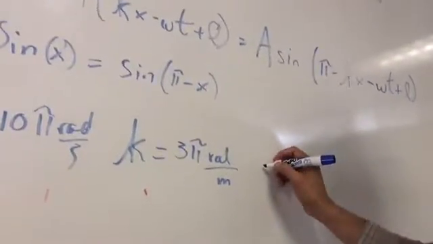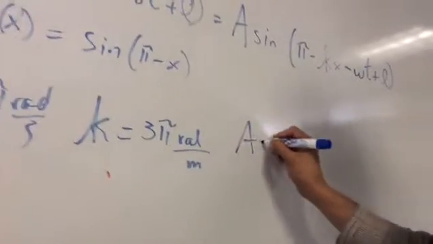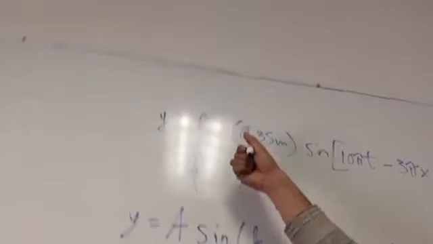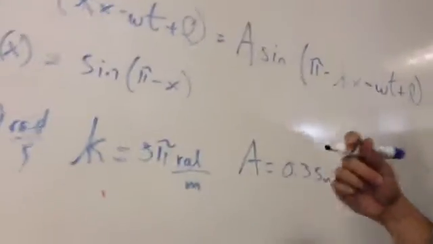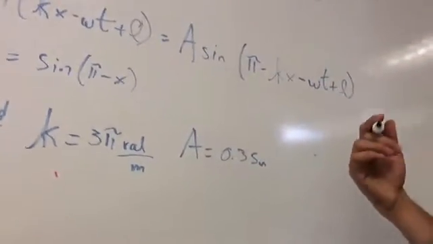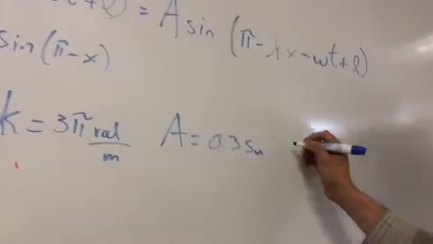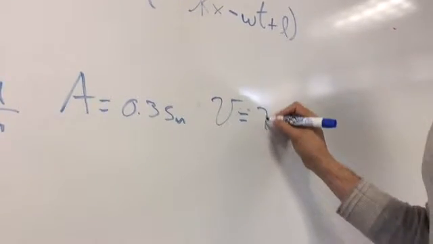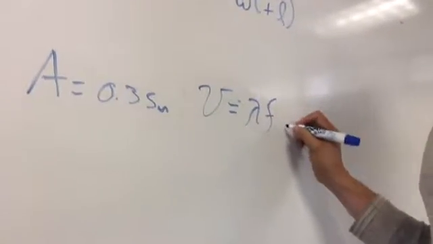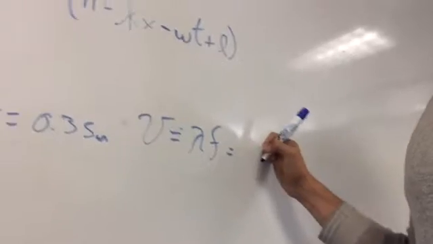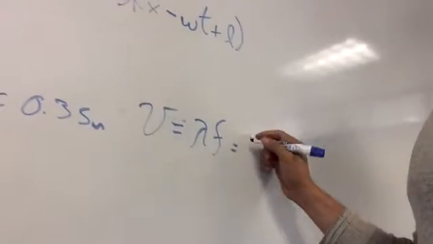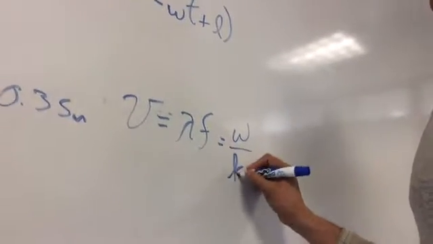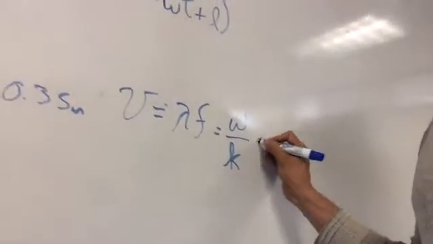The amplitude is equal to 0.35 meters, also given. And we will also need the velocity. We can calculate the velocity by wavelength times frequency, which at the same time is equal to the angular frequency divided by the constant k.